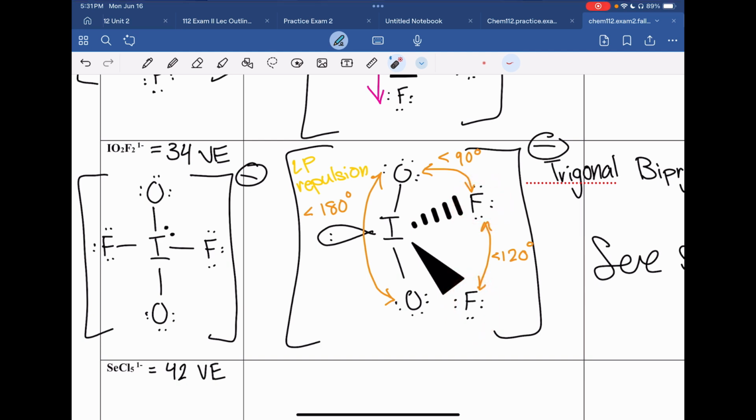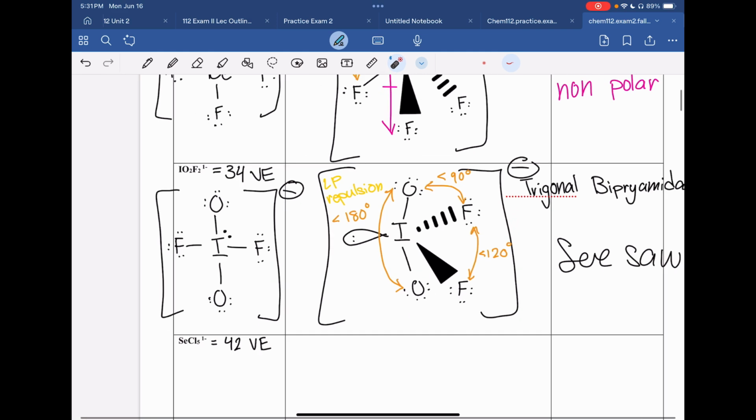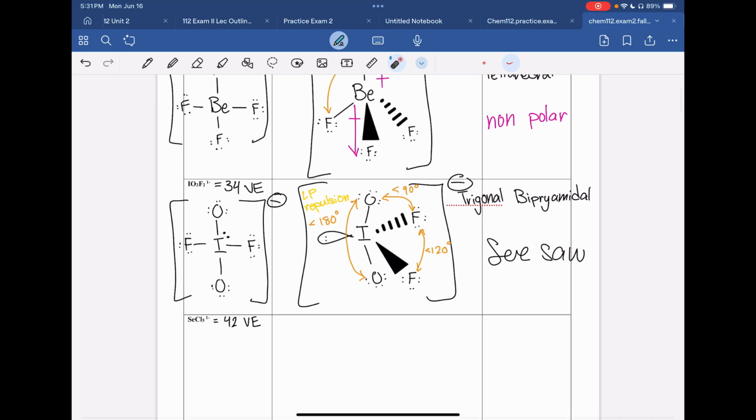You might say, specifically give me equatorial to equatorial, not all of them. Just be aware of the terminology. That's pretty much it. You don't have to state it's axial, you don't have to state it's equatorial, just draw it like this. Give me everything. Now let's figure out its polarity.